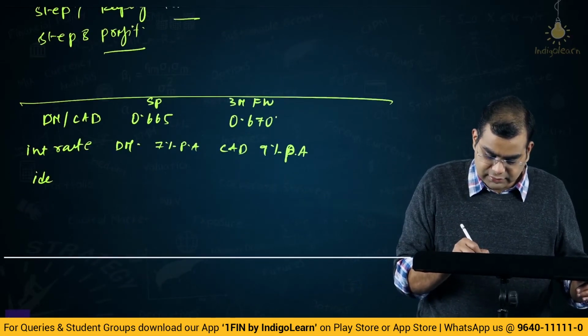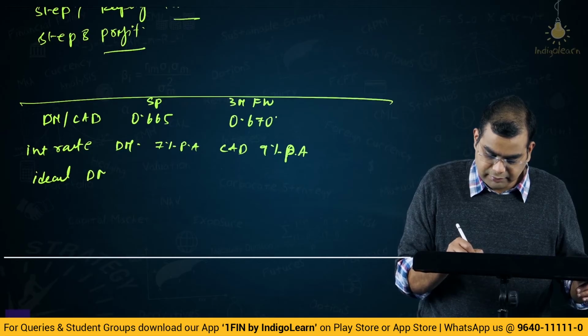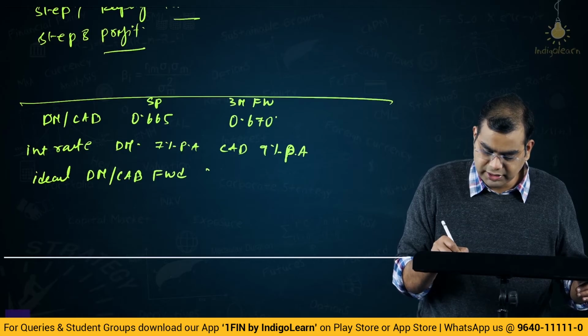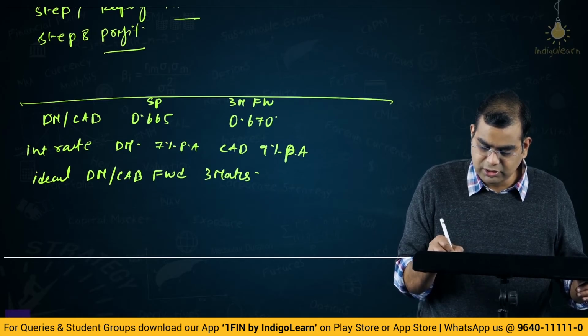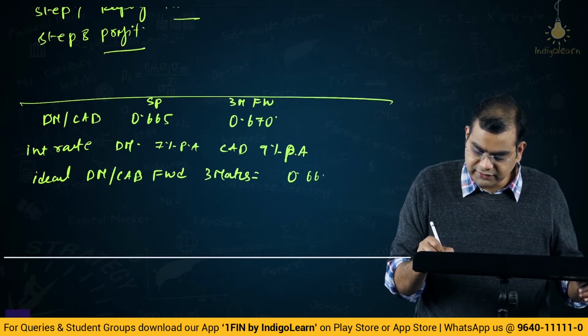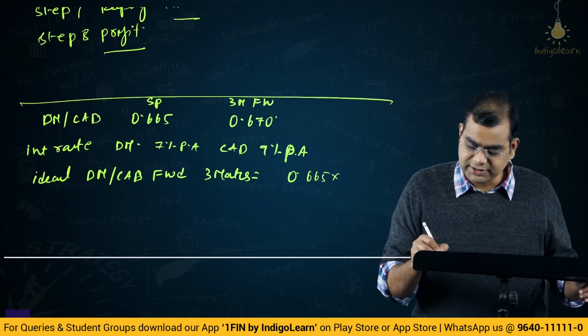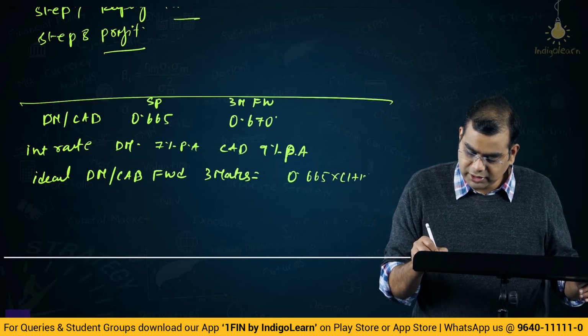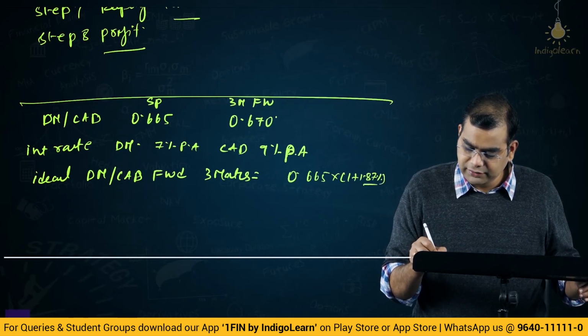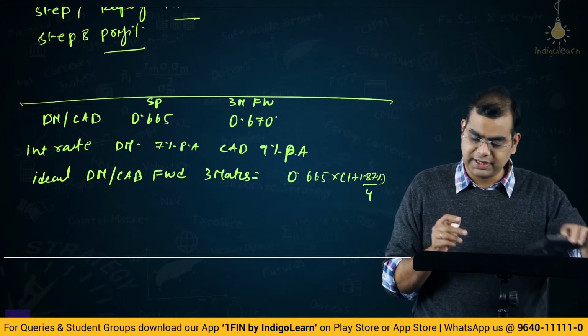So the ideal DM by CAD forward 3 months is equal to 0.665 into 1 plus 1.87% by 4, because it is 3 months.